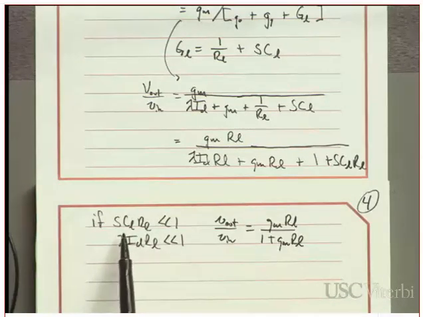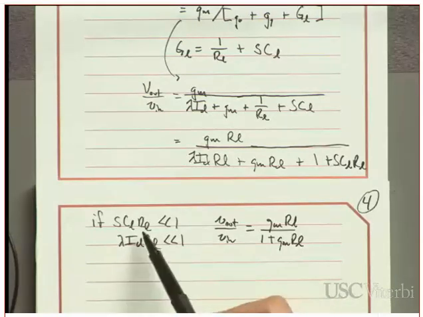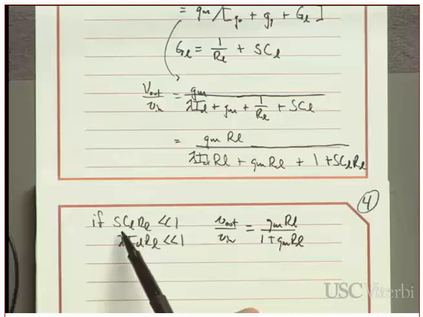But what I am assuming is that, for example, my CL might be the gate capacitance of another transistor, so it might be really small because of that, depending on the size of the transistor, right? Or my RL might be really small.